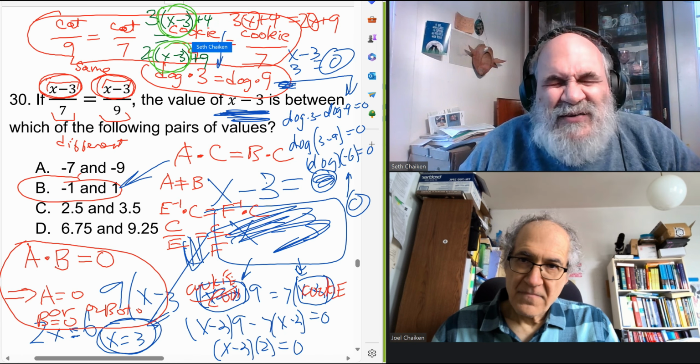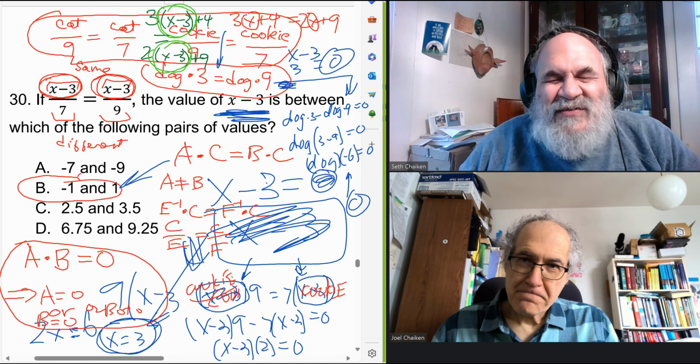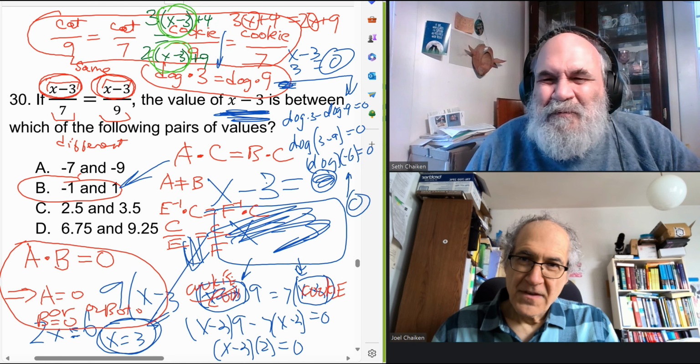These two x minus 3's stand for the same numbers.